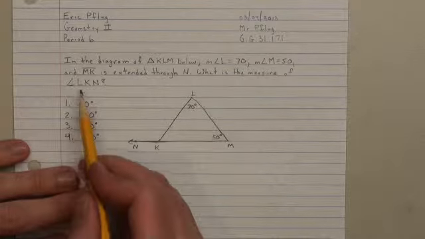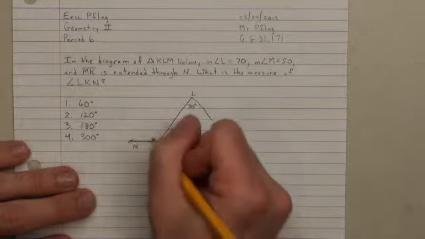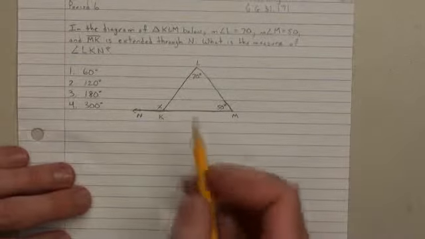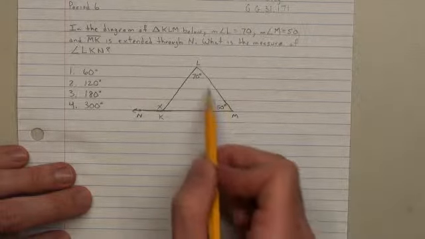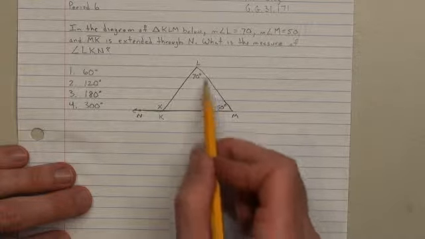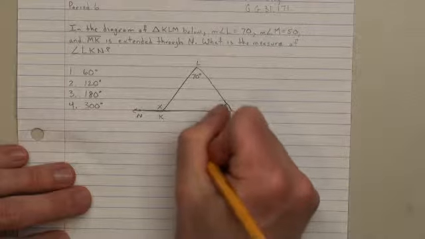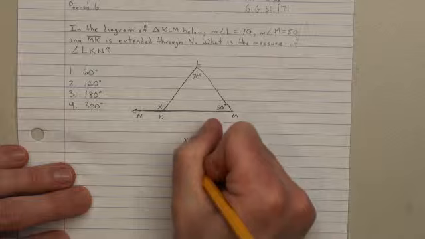What is the measure of angle LKN? LKN. This is our exterior angle. Let's put it as X. Well, we know that the exterior angle is equal to the sum of the two non-adjacent interior angles. So, X equals 70 plus 50.